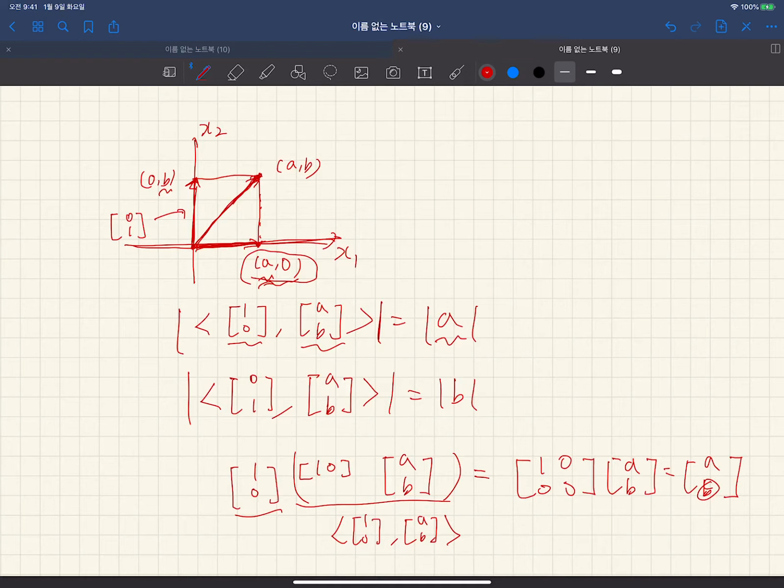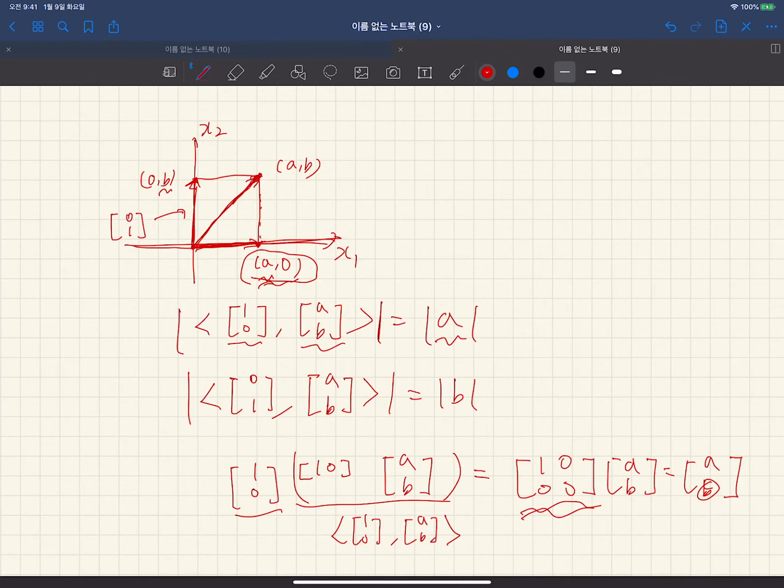Sorry. Okay, so this is called a projection matrix. When you have a unit vector, then the unit vector times the transpose of the unit vector composes a projection matrix. So when you multiply any vector by this projection matrix, you can easily obtain the projected vector onto the target space.